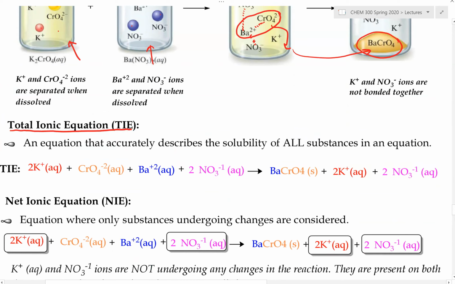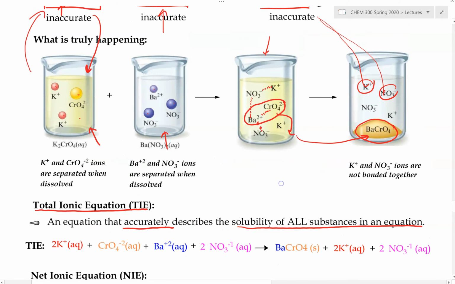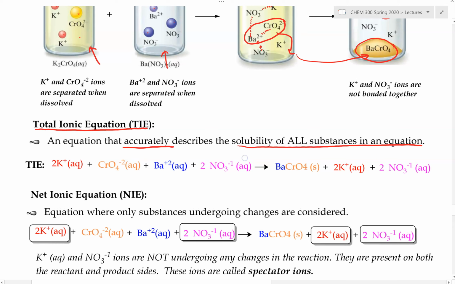The total ionic equation is the chemical equation that we can rewrite from the conventional chemical equation, in which it can now accurately describe the solubility of all of the substances in the chemical equation. And here is an example of how the total ionic equation for this previous reaction would look. So here is the total ionic equation.